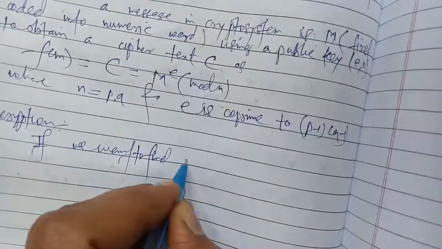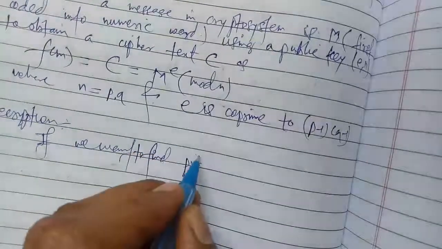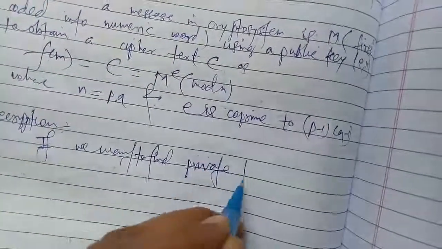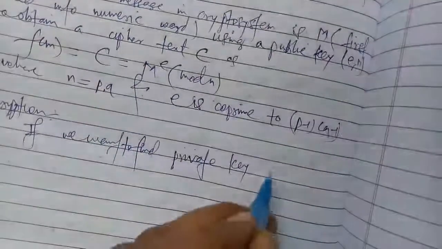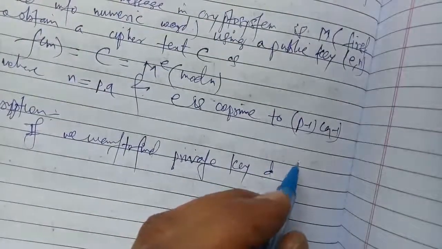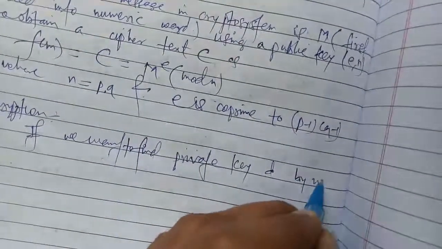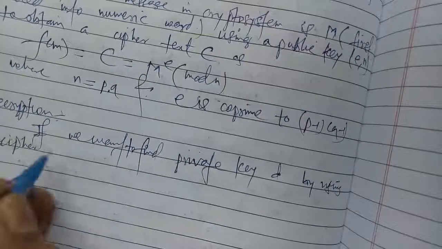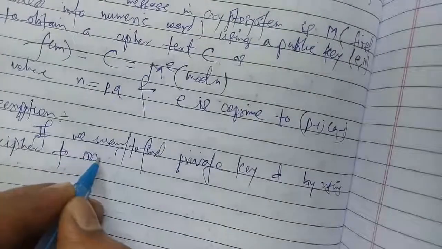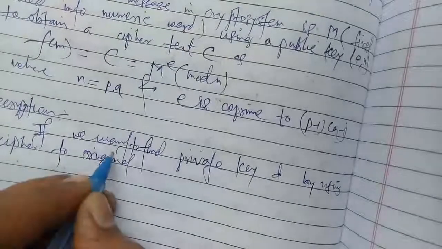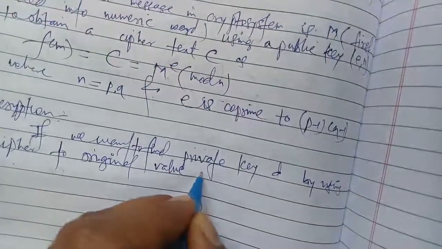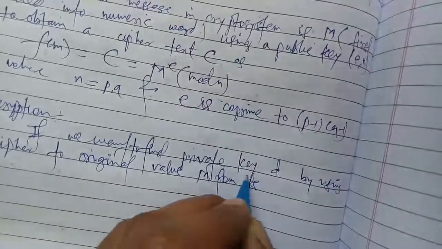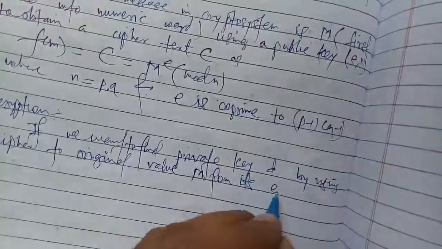In encryption we use the public key, and in decryption we have to find the private key small d, and use it to decipher the original value of message capital M from its encrypted version.